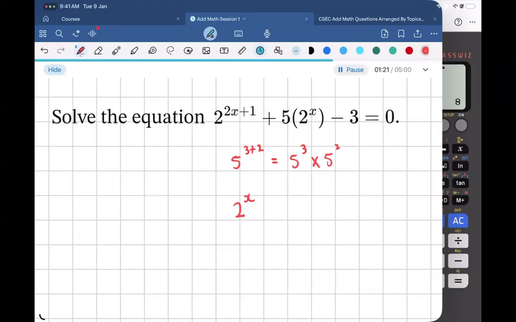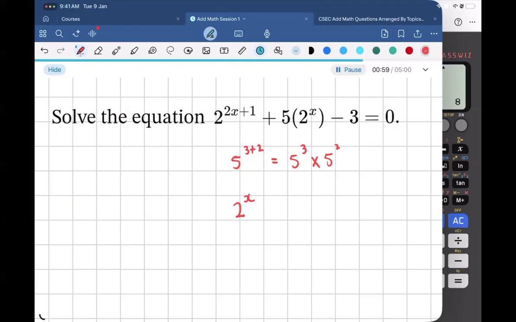Shay, my advice was that in the previous question, we found some way to write 3 to the power 2x twice. In this question, try to isolate 2 to the power x so you can make a y substitution. You see that 2 to the power x there? At some point, you're going to call it y, and you're going to end up with 5y.